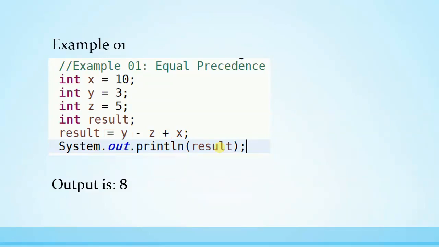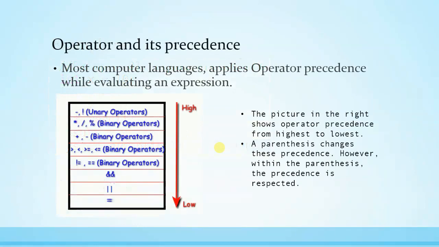When you look at the expression here, the expression is result equal to y minus z plus x. Equal to operator comes first, but it has the lowest precedence. That means in the previous slide, if you see, the precedence for that is in the last.